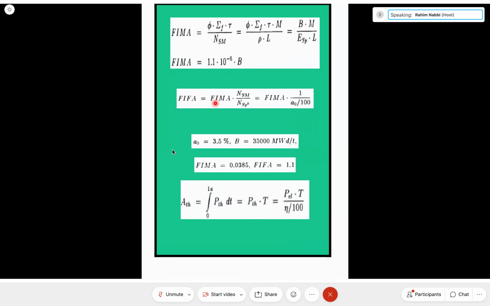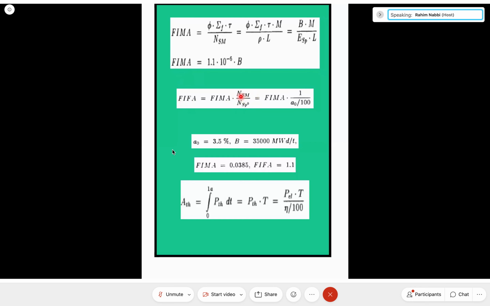And you see here that the difference between initial heavy metal, M, and fissile uranium-235 is only the enrichment.